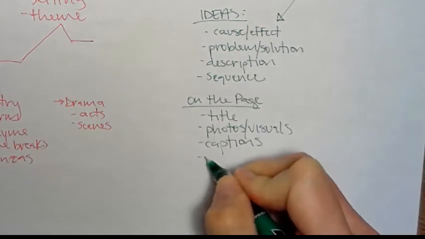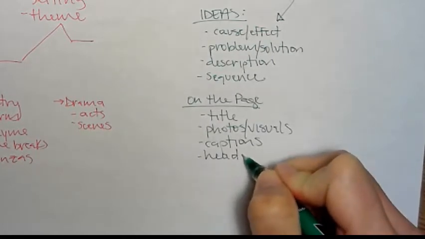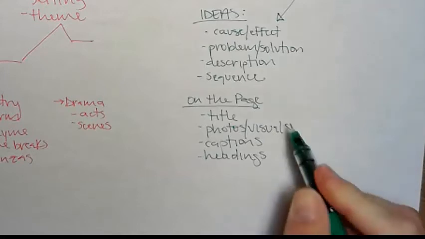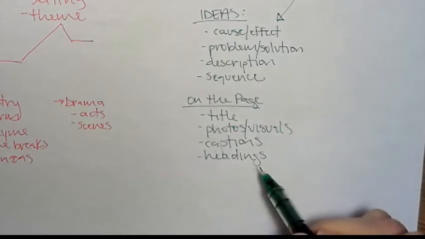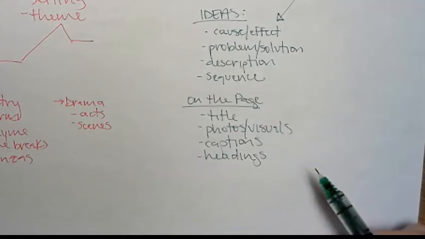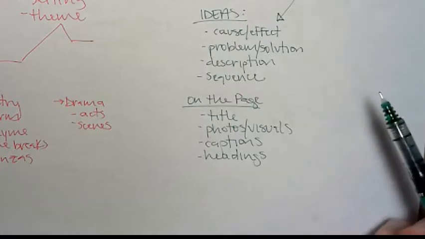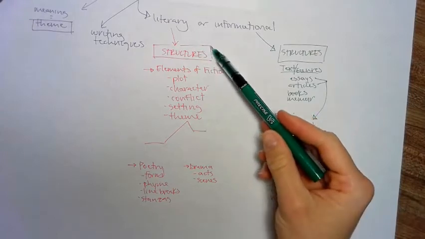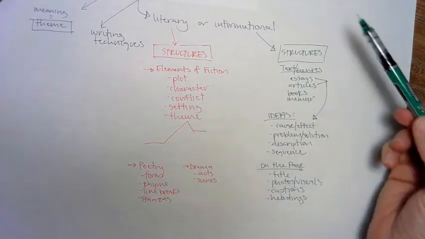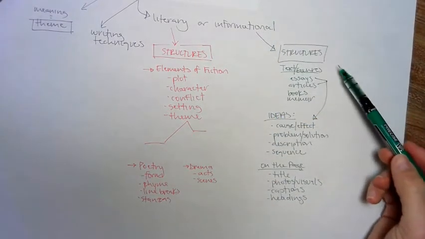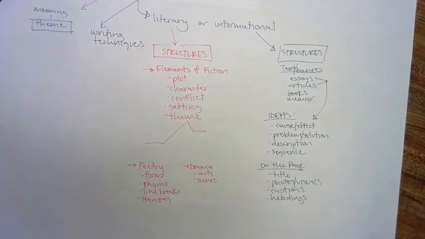And then you have little like headings, section headings. These are ways that nonfiction writers indicate and prioritize the information on the page. Okay, so now we've got some ideas of, literary texts are structured using these elements. Nonfiction or informational texts are structured using some of these things, right? But let's now take a look at actually some writing techniques that both have in common.